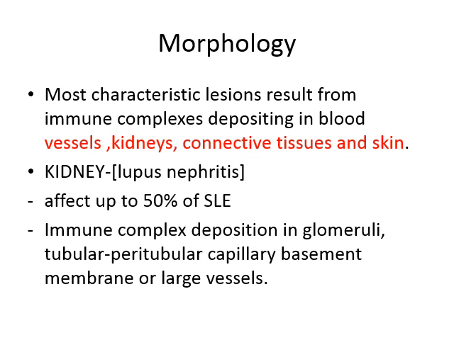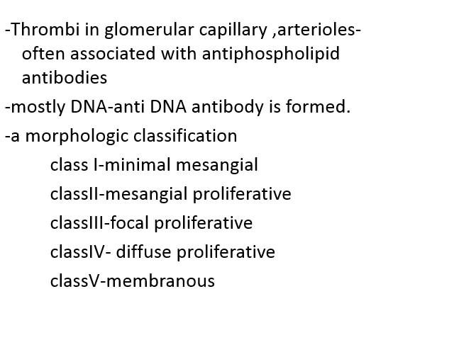Immune complex deposition in glomeruli, tubular, peritubular, capillary basement membrane or large vessels. Now, thrombi in the glomerular capillary arterioles, often associated with anti-phospholipid antibody. Mostly anti-DNA antibody is formed.